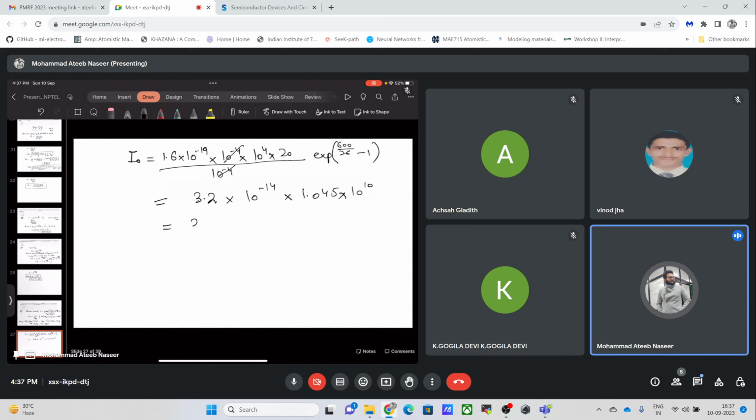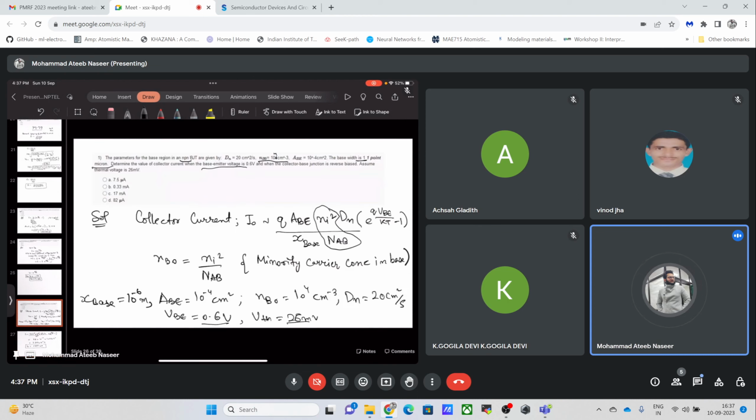It is equal to 3.344 into 10 to the power of minus 4 amperes, or simply 0.3344 milliampere. This is the value of the collector current IC or I naught, whatever we can say.